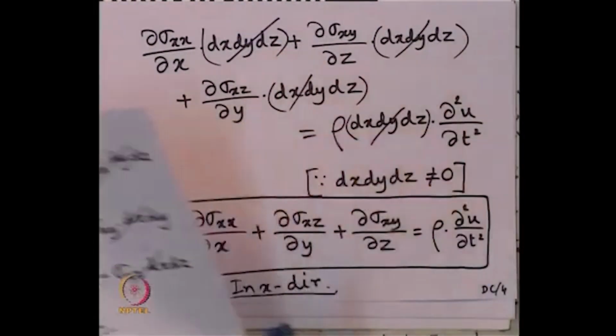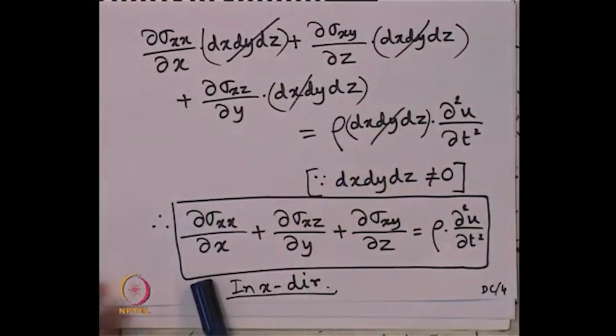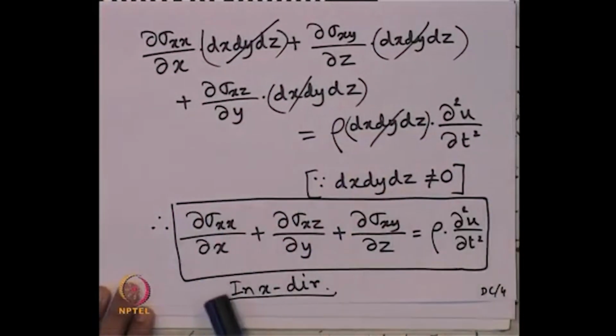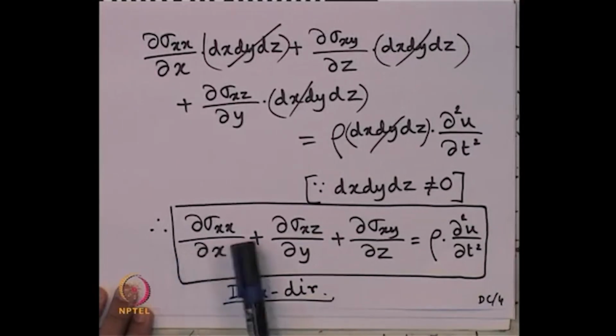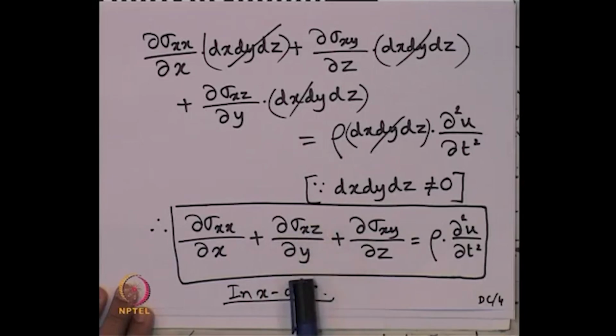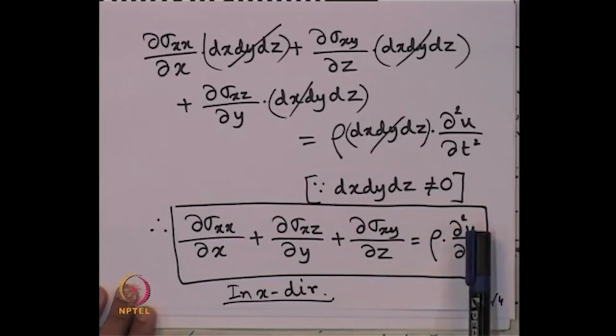On simplification, finally, we got the governing equation of motion in x direction for wave propagation, that is del sigma xx by del x plus del sigma xz by del y plus del sigma xy by del z equals rho times del square u by del t square, where u is the displacement in the direction of x.